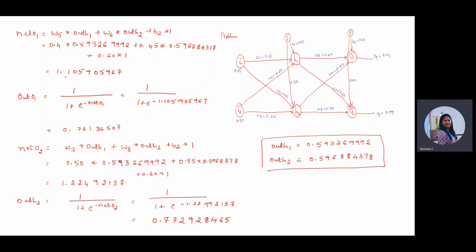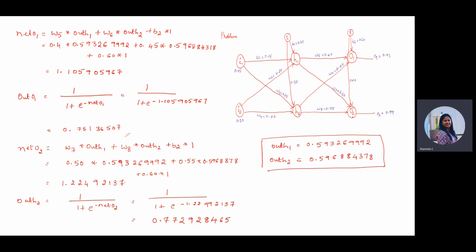Substituted, we'll get 1.105905967. Then process this through the sigmoid activation function, you'll get 0.7136507.